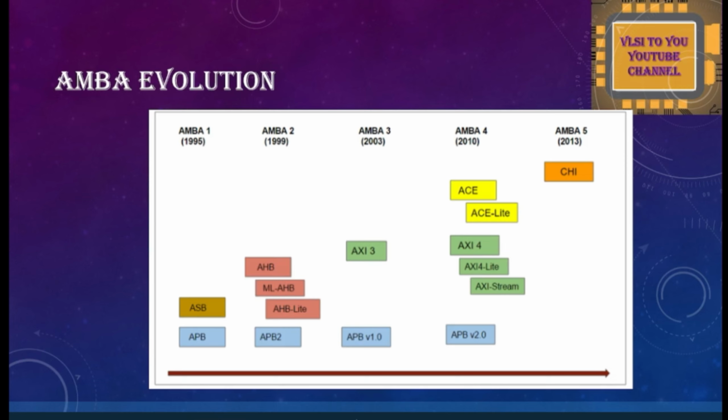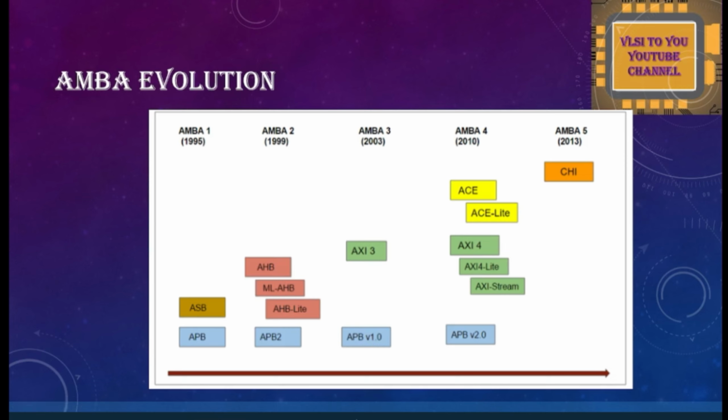APB is open source, so if anyone wants to download it, you can download it from the ARM website. When you download it from the ARM website, you will mostly see AMBA version 1.0.